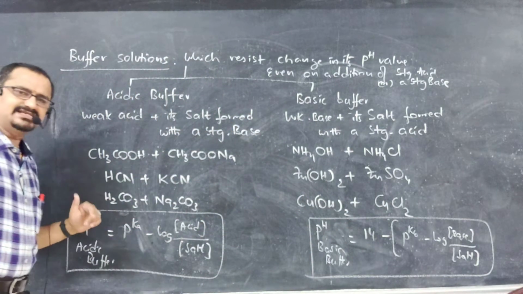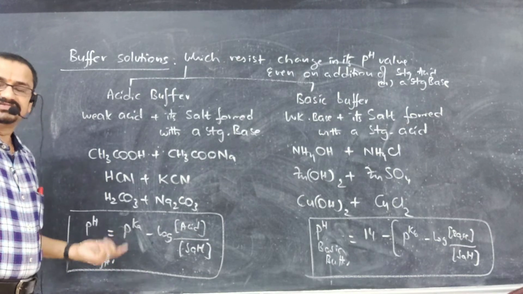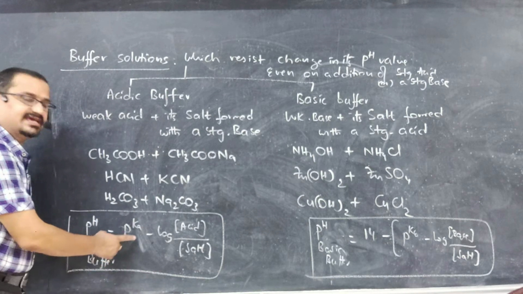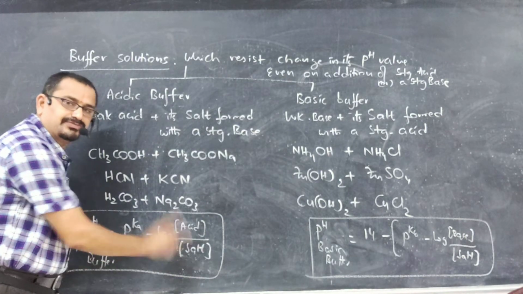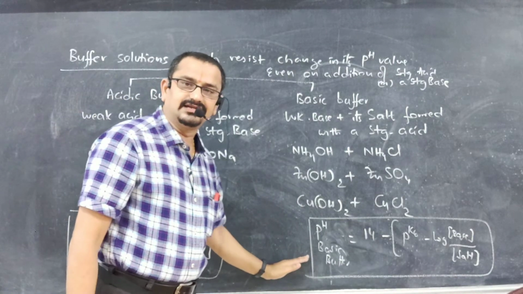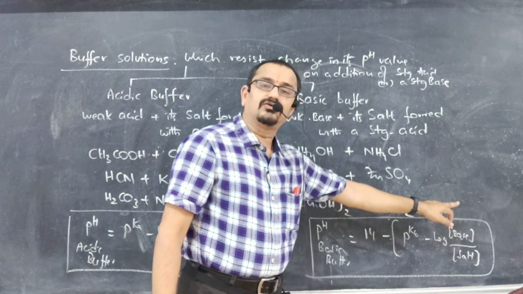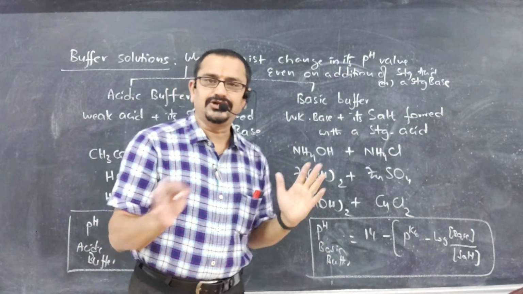Now, we will need some numericals on pH calculation of acidic and basic buffers. The pH of an acidic buffer is pKa minus log of the ratio of acid concentration to salt concentration. The pH of a basic buffer is 14 minus pKb minus log of the ratio of base concentration to salt concentration. This is just to recap.